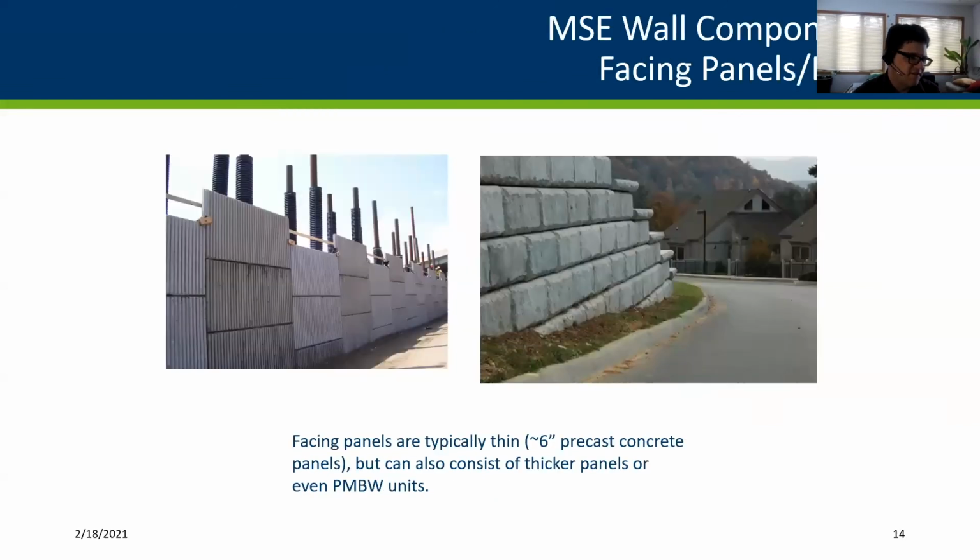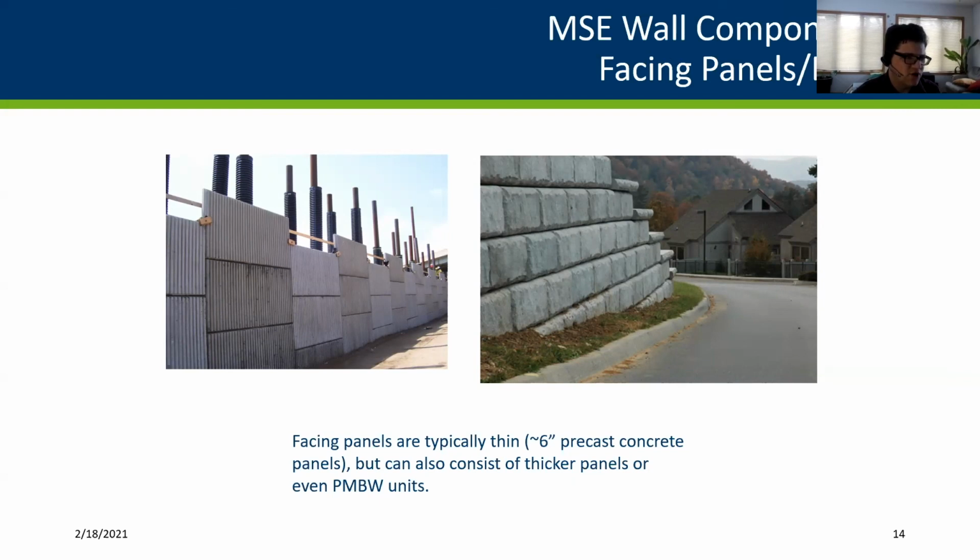And then you have these facing panels. Facing panels for most of our MSE walls are a thin panel, approximately 6 inches. I've seen as large as 8 inches. I've seen proposed as large as 18 inches, but most often the precast panels are really quite small, 6 inches thick. We use, although it's rare, precast modular block units.